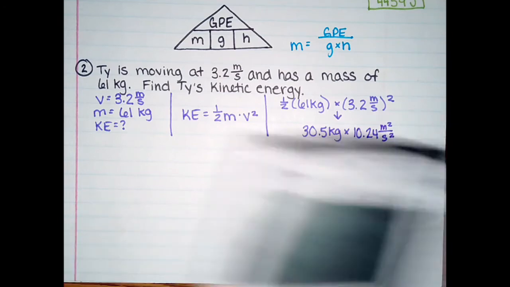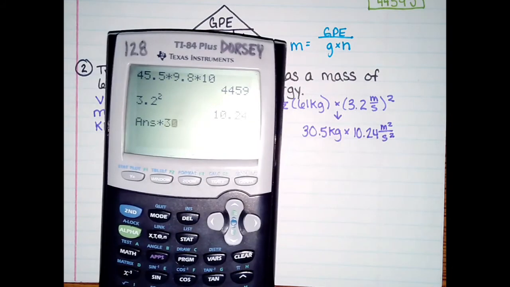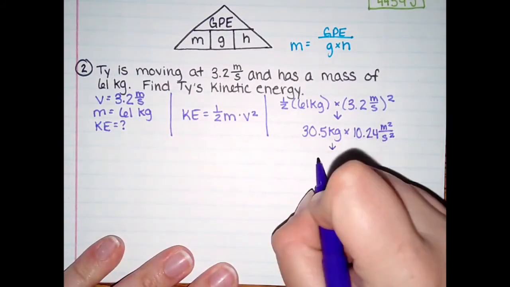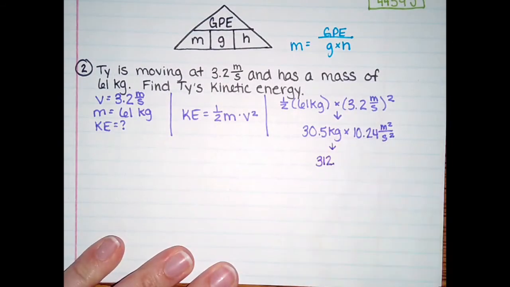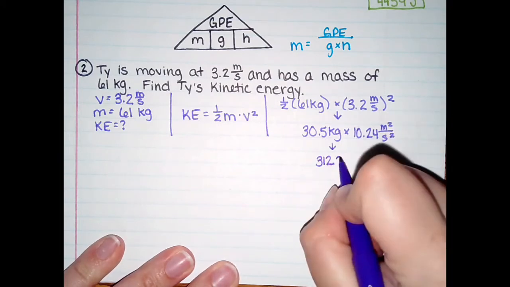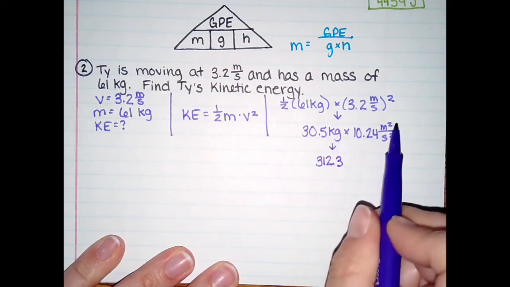I multiply those together. And then it's kilogram meter squared over second squared, which is a joule.